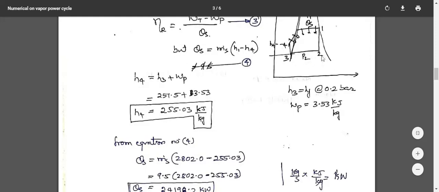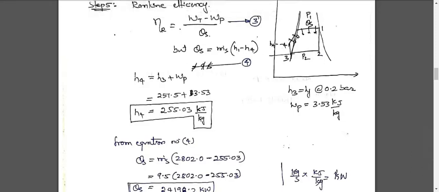Dear students, just observe carefully here. At point number 2, the percentage of steam is more. As the steam flows in the condenser, it is condensed to liquid at point number 3. All the steam is converted into liquid. That is called the condensation process.